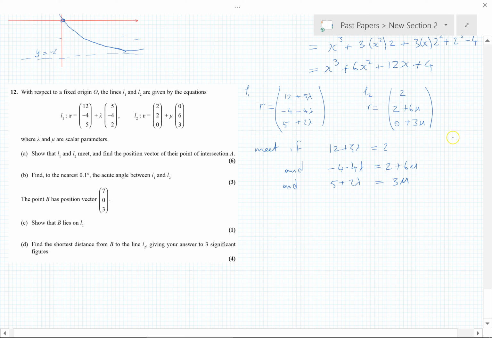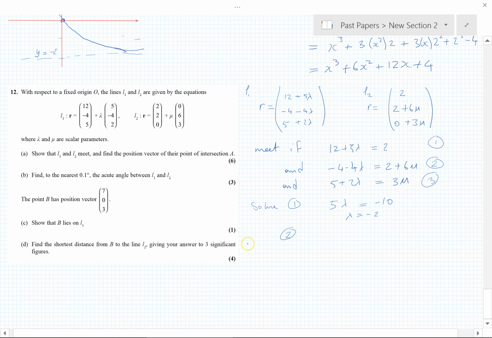So solve. Let's number them so we know what we're doing. So solve 1, then we've got 5 lambda equals minus 10, lambda equals minus 2.